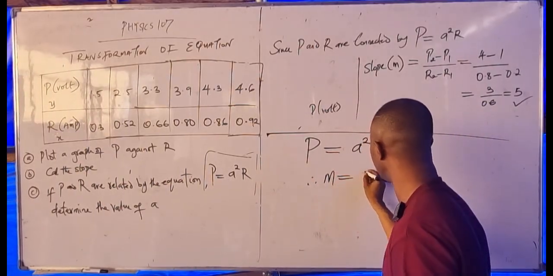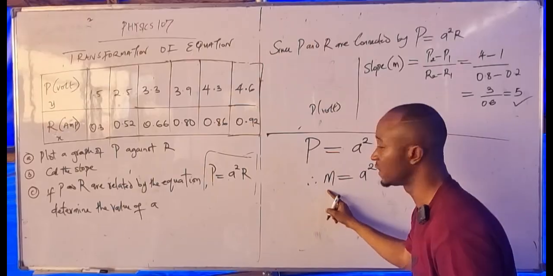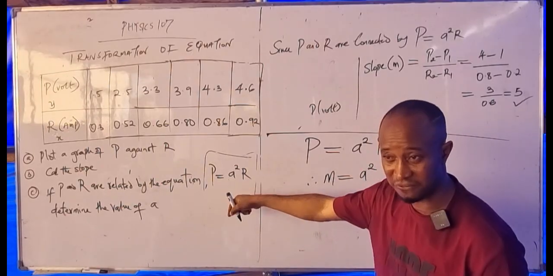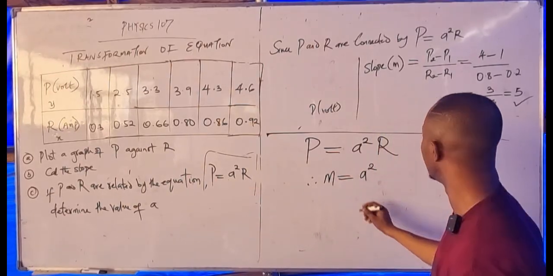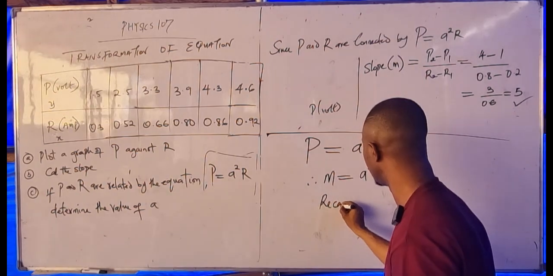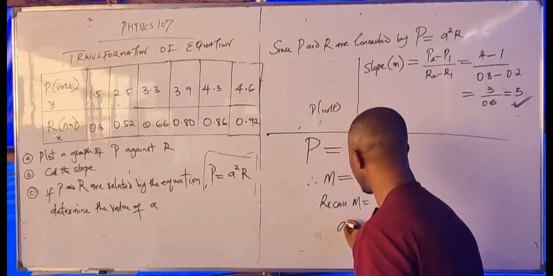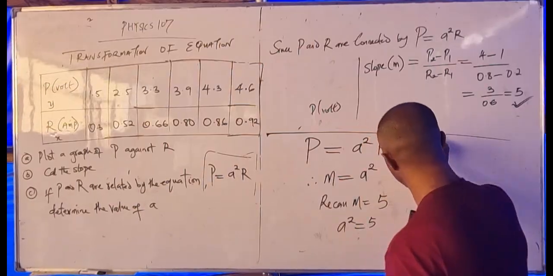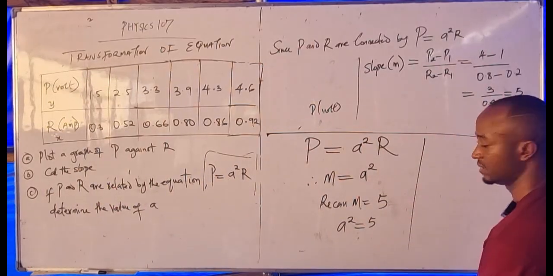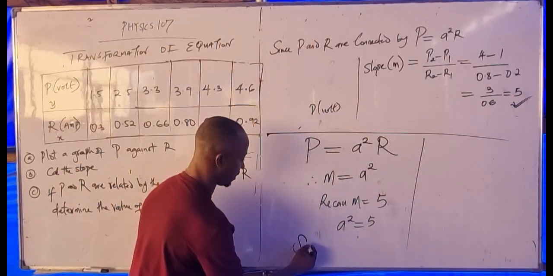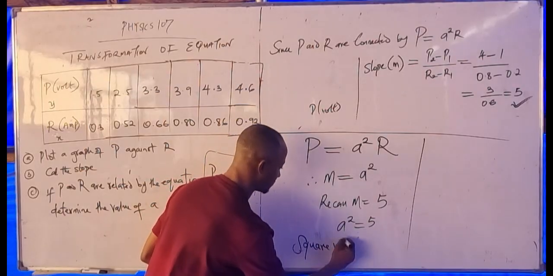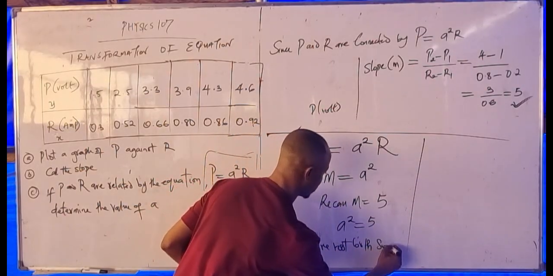our slope is A squared. What did we solve as slope? 5. Is it not 5 from the graph? Recall that our slope from the graph is 5. That means A squared is equal to 5. So how do you find the value of A? We square root both sides.